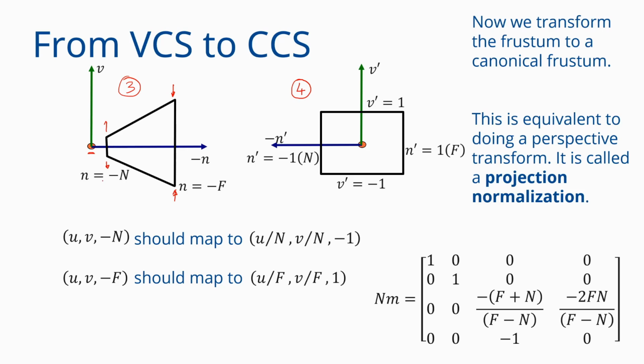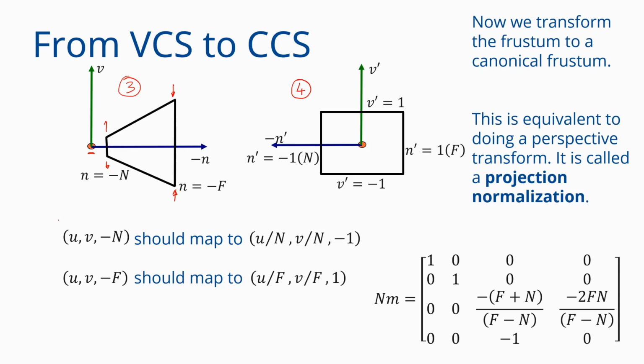Our transformation is going to shift the origin to the middle of the frustum. And we know of only one transformation that can shift the origin, and that is a translation, right? So it will have some translation component, and it will also have a scaling component that we will see.